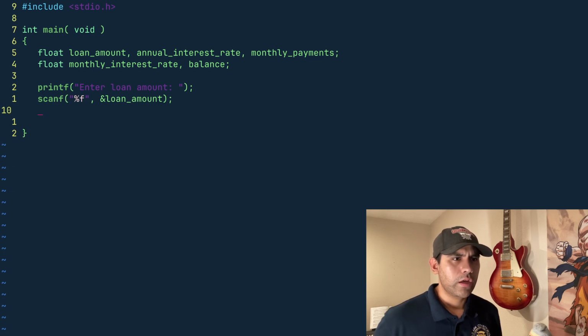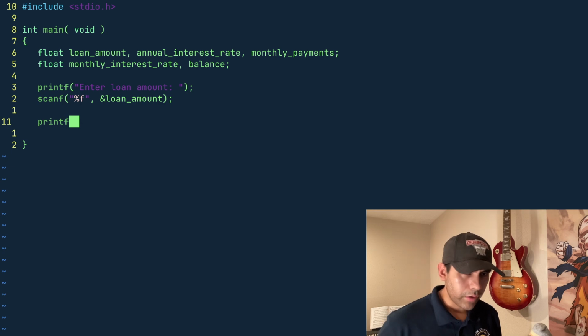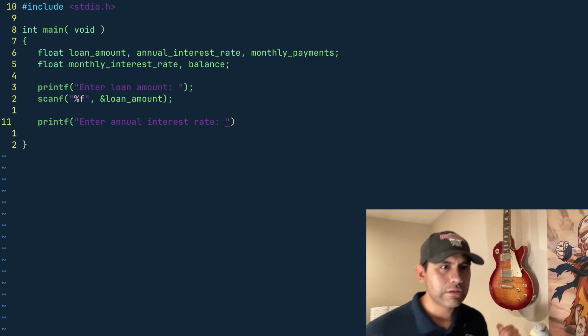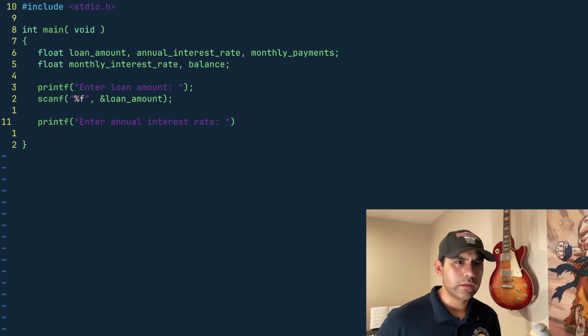Enter loan amount. Okay, now printf enter annual interest rate. We got it.